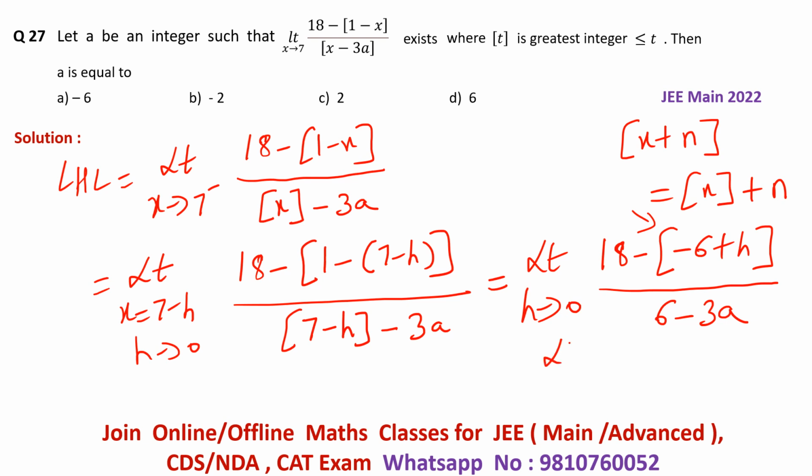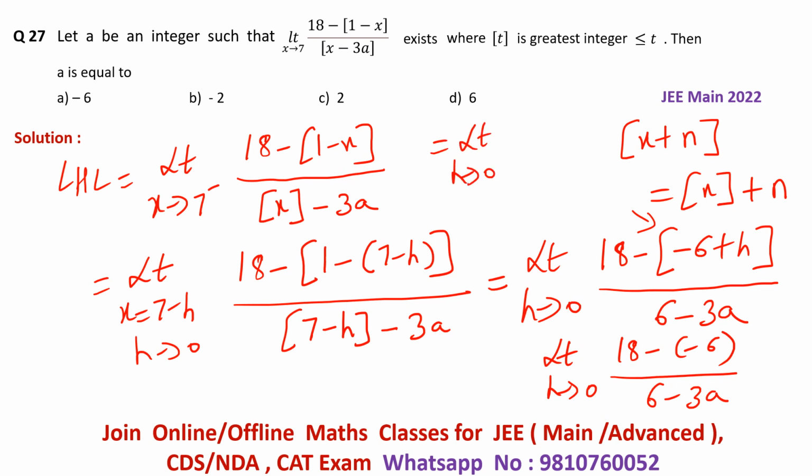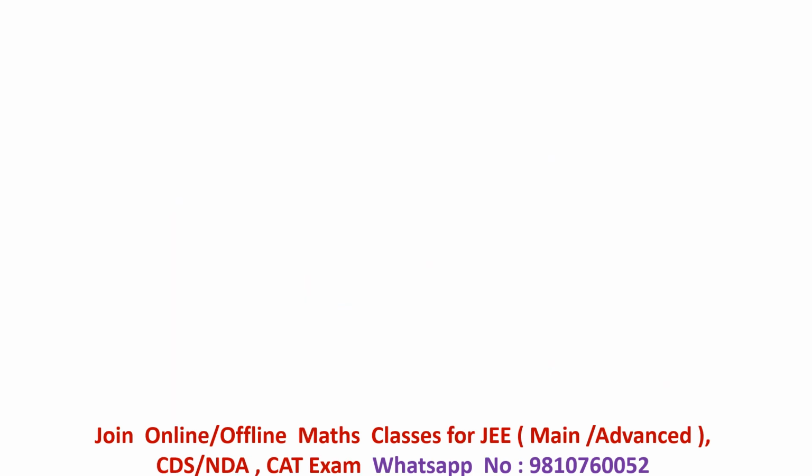So the numerator becomes 18 minus minus 6, and the denominator is 6 minus 3a. So this particular limit can be written as limit h tending to 0, 24 upon 6 minus 3a. Fine. Now we move further. Now students, we have got the value of LHL equal to 24 upon 6 minus 3a, right?